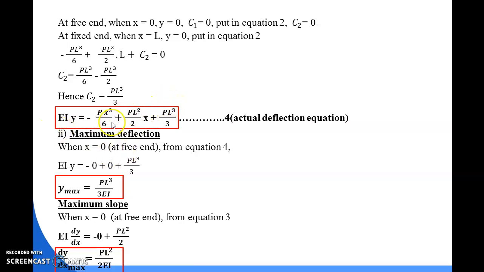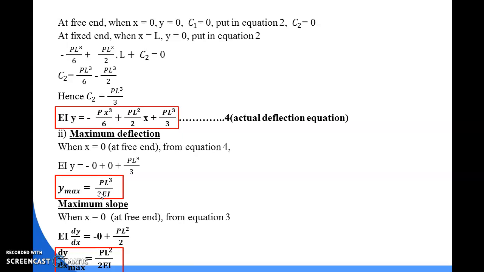So now x equal to 0, so this term will be 0 and here also x will be there, so that whole term is also 0. Hence EIy is equal to PL cube by 3. So y max is equal to PL cube divided by 3EI, which will be the maximum deflection for the cantilever beam.